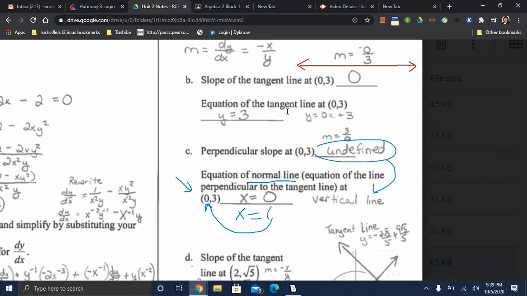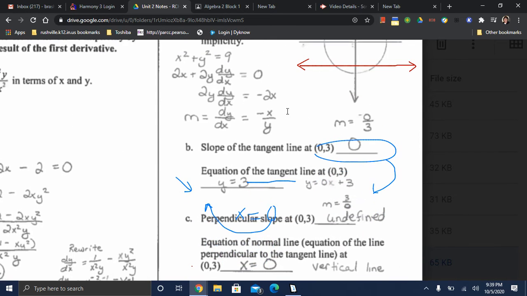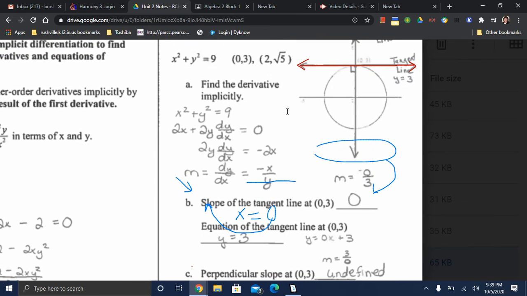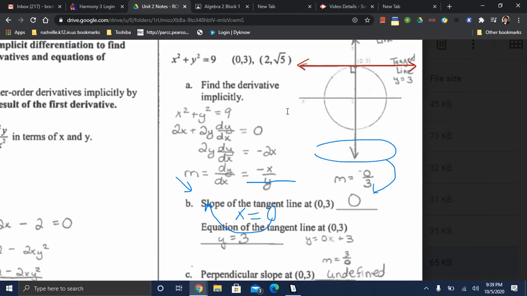So x equals 0 from the ordered pair. Now I'm going to go back to my graph and get my line lined up. That was my tangent line.